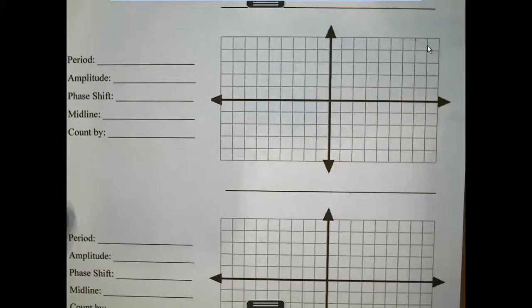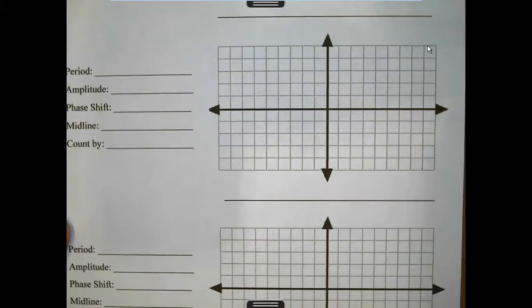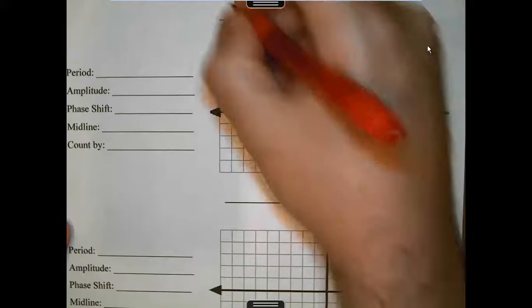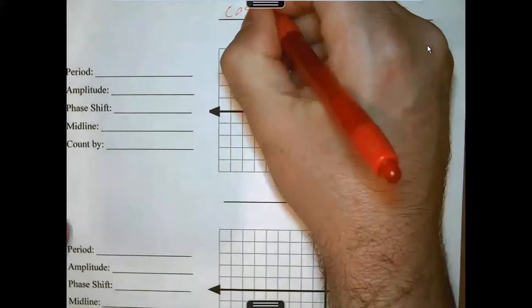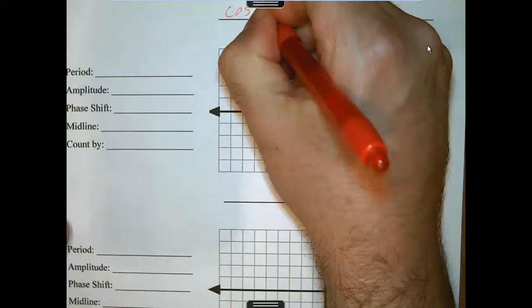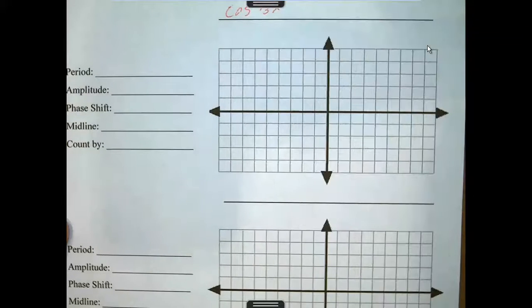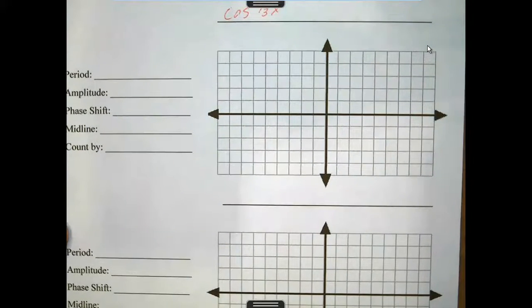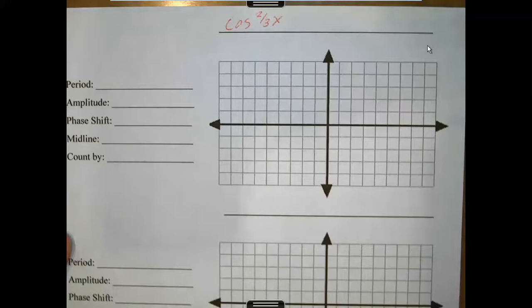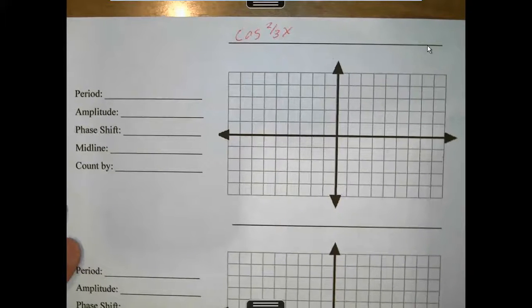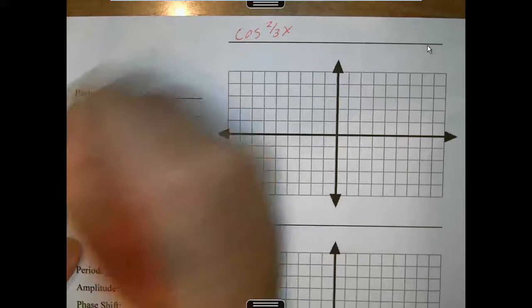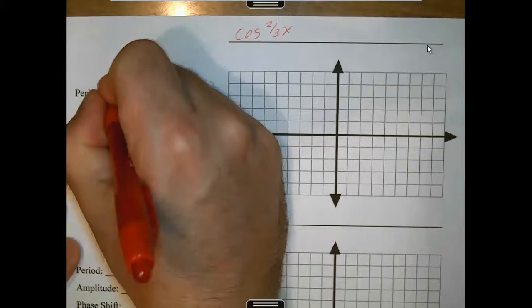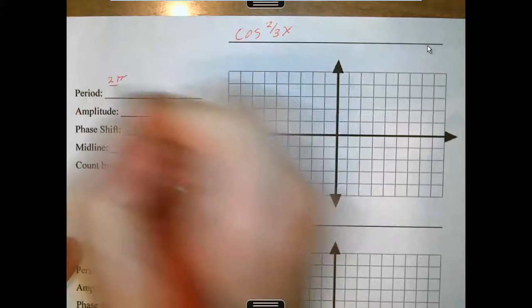First thing I do, up at the top, is write down my equation, which is cosine of 2/3 x. Now my period: remember, the period is 2 pi over b, and my b is 2/3.